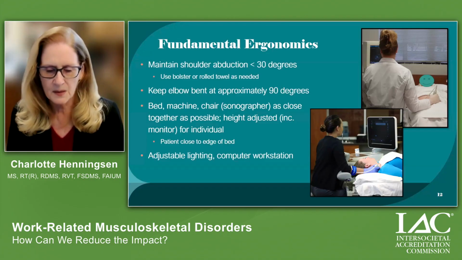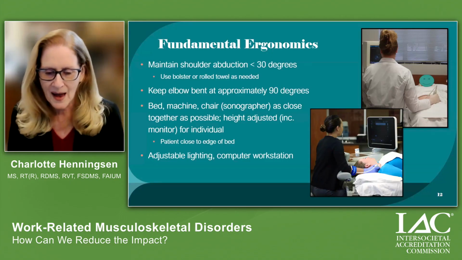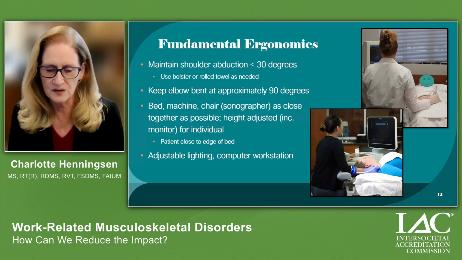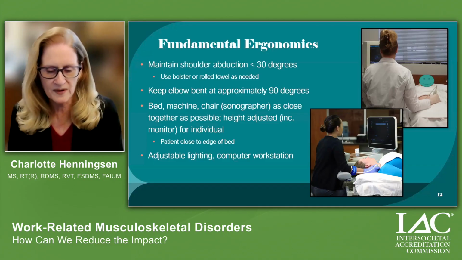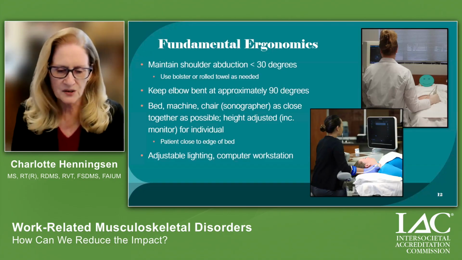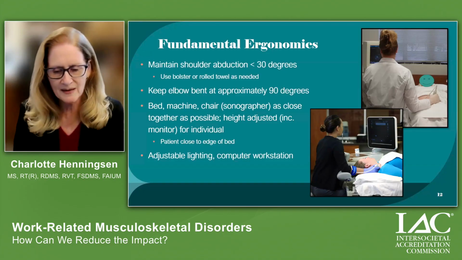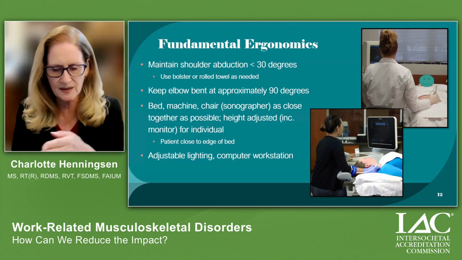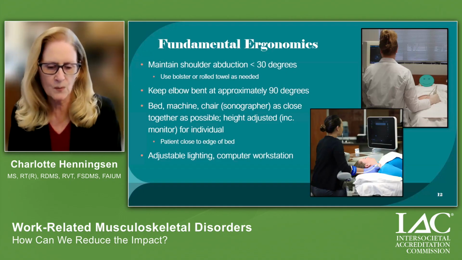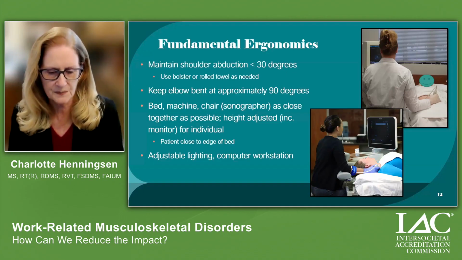The bed, the machine, the chair, which includes the sonographer, should be as close together as possible with the height adjusted, including the monitor, which doesn't always need to be adjusted along with everything, but may need to be adjusted separately for individual scanning. Remember that a monitor that's positioned just a little bit between the machine and the bed allows for a more neutral position of the head.